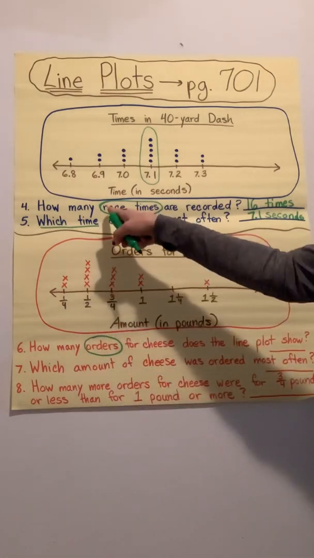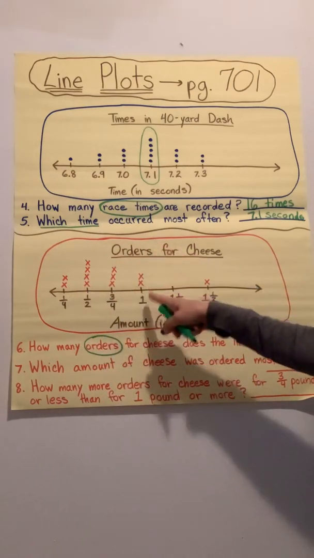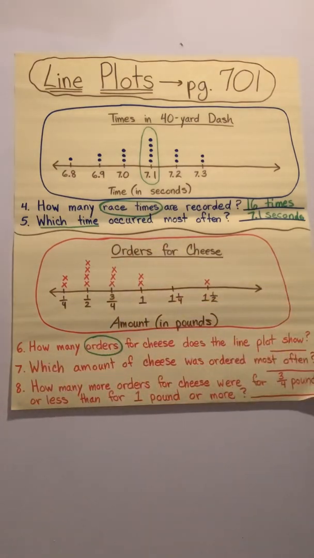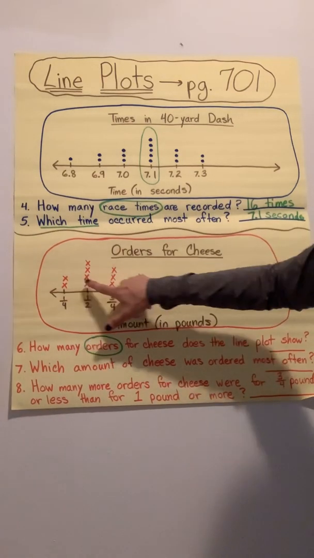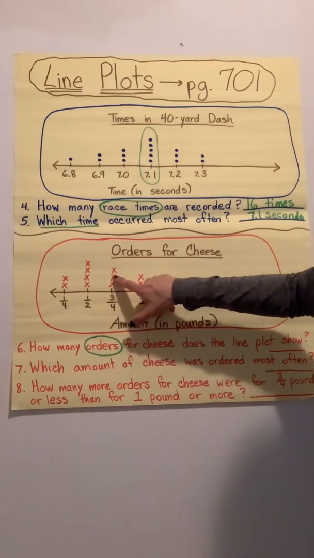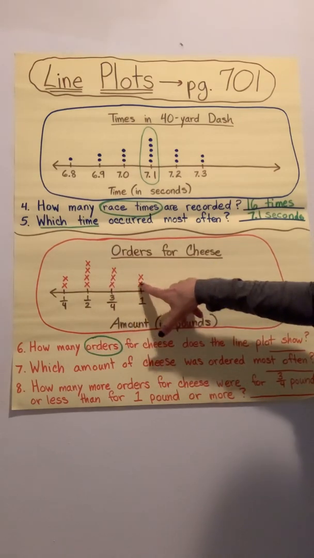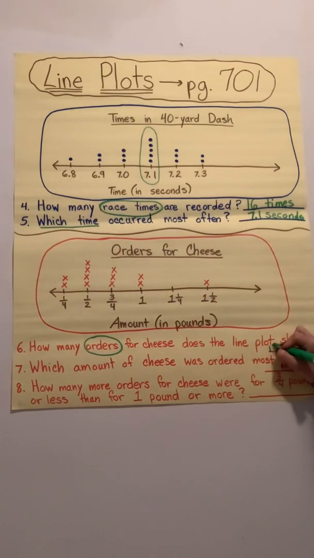So just like I did for number 4, for number 6, I need to count up all the X's to find out how many orders there are on the line plot. 1, 2, 3, 4, 5, 6, 7, 8, 9, 10, 11, 12. Okay. There are 12 orders altogether on this line plot.